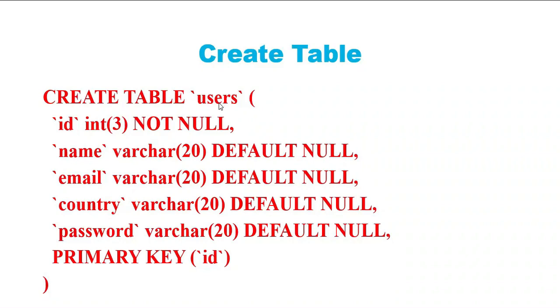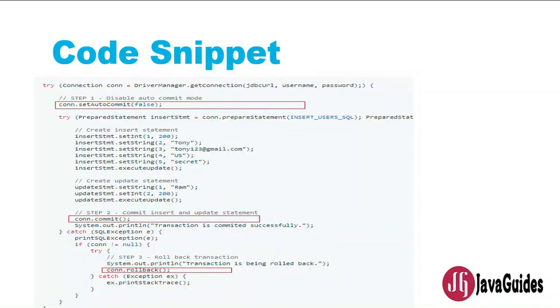All right, so in this example we are going to use a simple database table, that is users, with ID, name, email, country, password. I will show you this database setup in a minute. All right, so this is the code snippet.